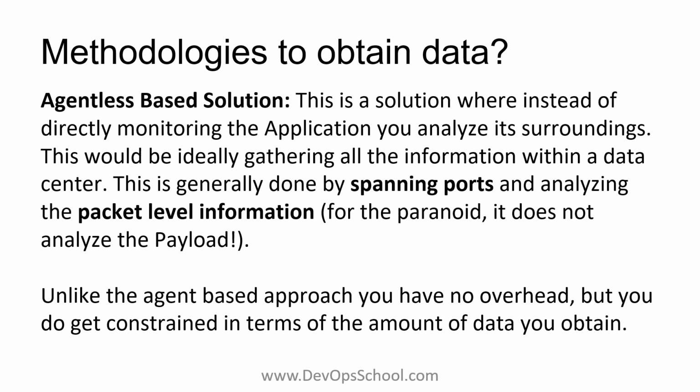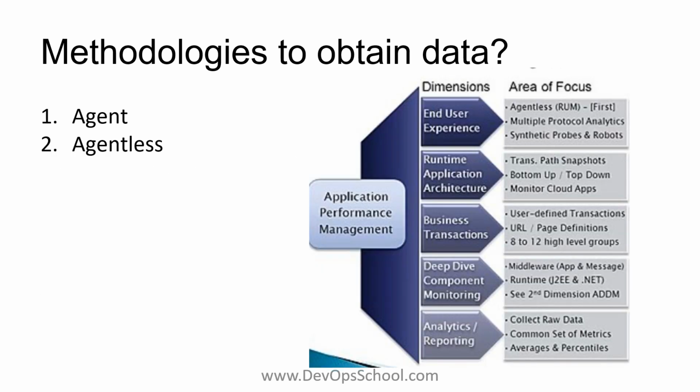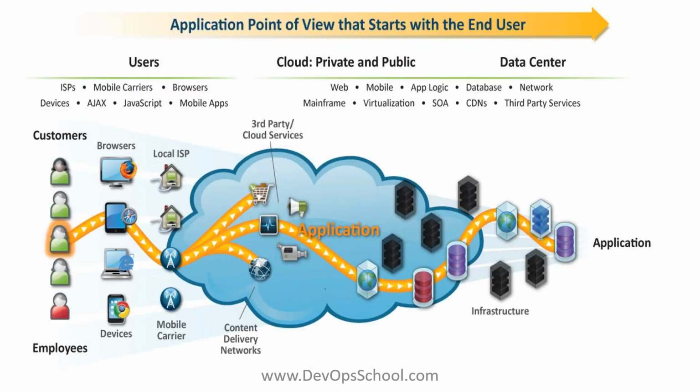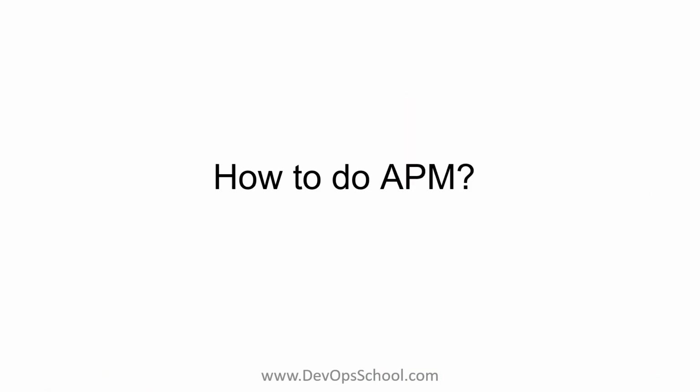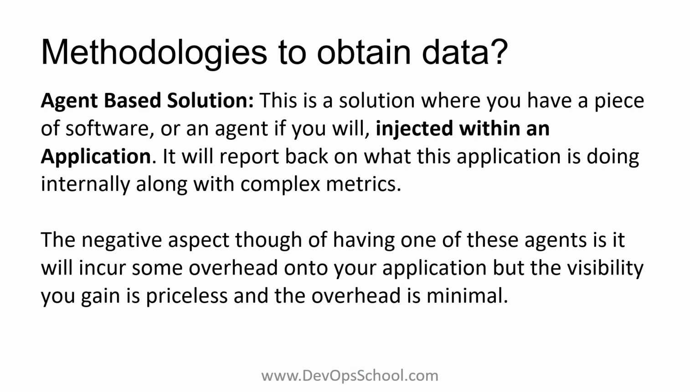Through this you will get the response time between the two endpoints, but you won't get data at the code level, like which class is consuming more time, which class is consuming less time. So if you want code level data, then agent based is good.